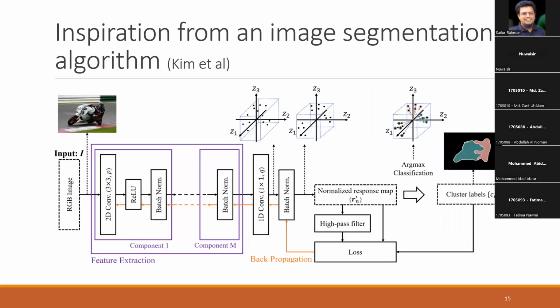So now let us formulate the problem. Our methodology is inspired from the image segmentation algorithm from Kim et al. This algorithm takes an image as input and makes a segmentation on the image.